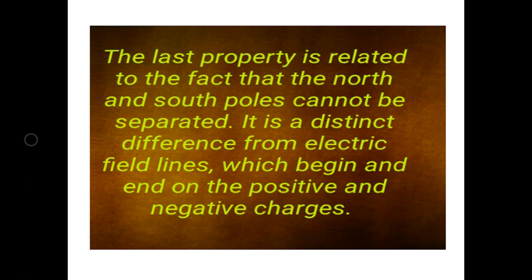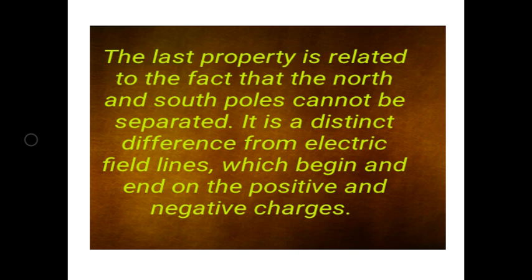This last property is related to the fact that the north and south poles cannot be separated. It is a distinct difference from electric field lines, which begin and end on the positive and negative charges. Electric field lines start from positive charge and terminate at negative charge. It means we can isolate a single charge. We can separate a single charge.